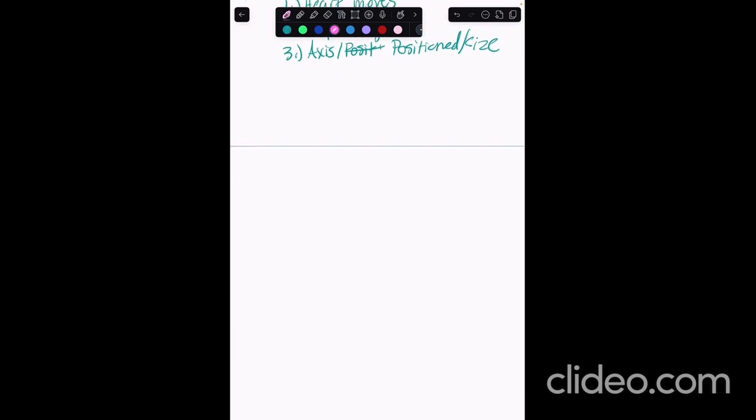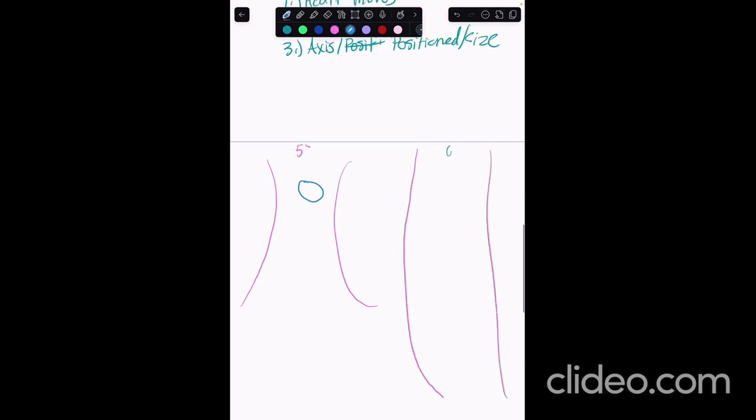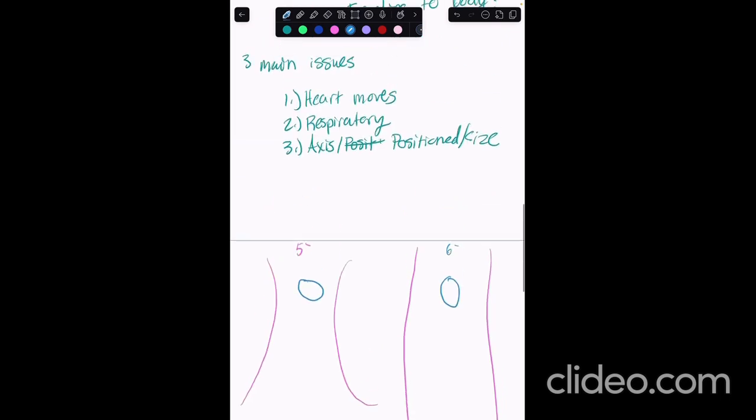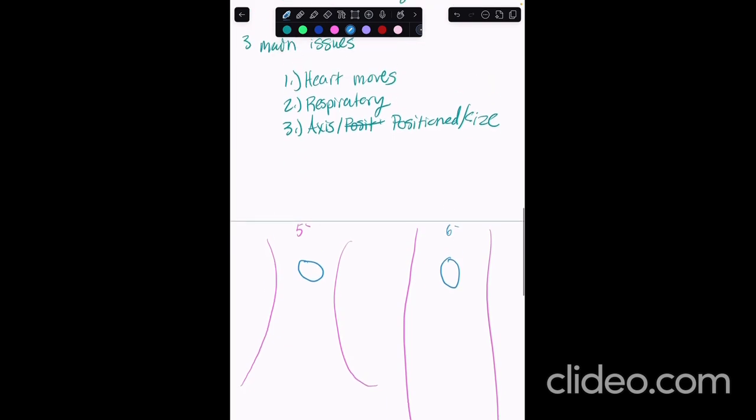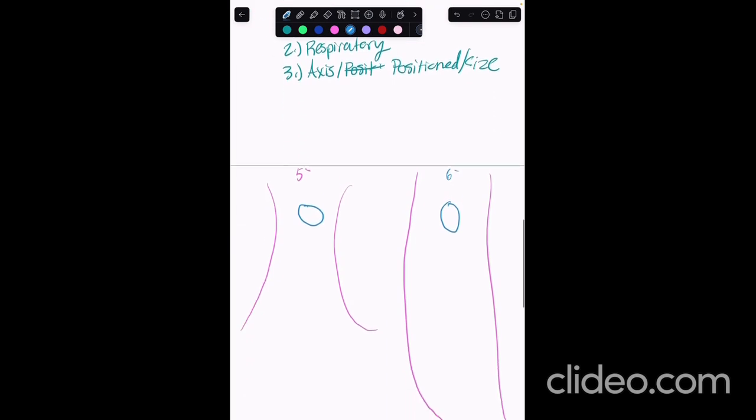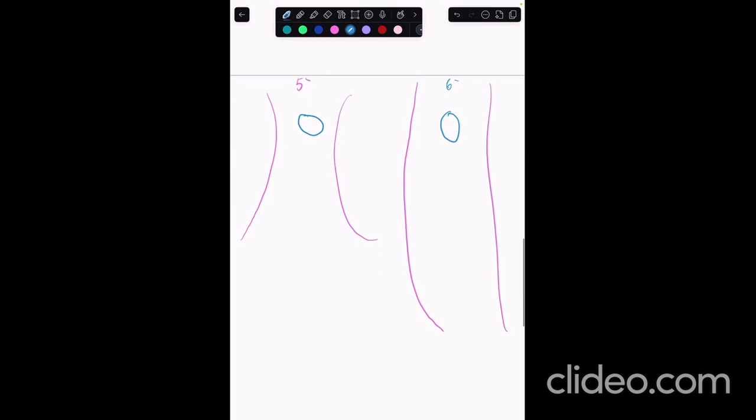So say we have our 5 foot patient's chest here. Their heart is going to be more to the side because there's less room for it in the cavity. Versus somebody that's 6 foot, theirs is going to be more vertical because it has more room to be up and down. This affects how it's positioned in the body. So the issue with imaging is no 2 people are alike, so it's always going to be different in how the heart is placed and where it is.